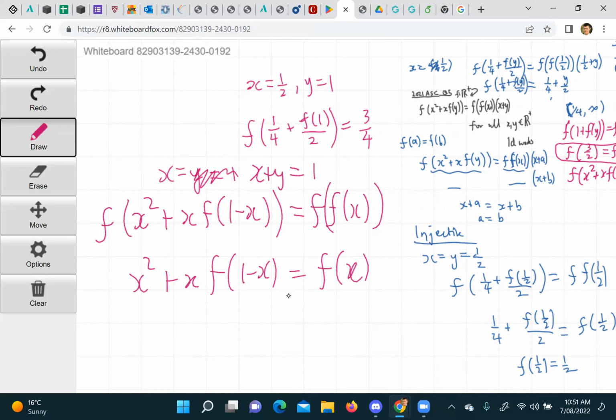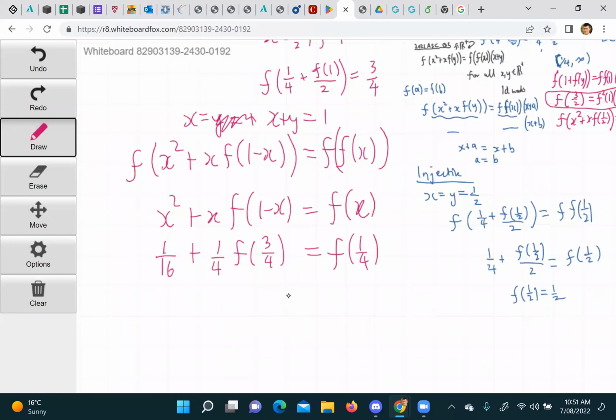If you substitute x = 1/4 first, you get 1/16 + 1/4 f(3/4) = f(1/4). Then if you substitute x = 3/4, you get 9/16 + 3/4 f(1/4) = f(3/4). But we know what f(1/4) is: 1/16 + 1/4 f(3/4).